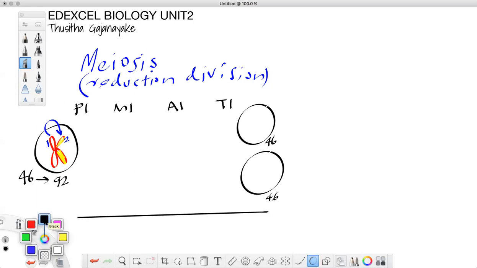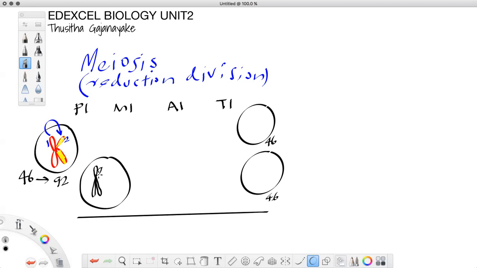But we have to understand another important thing. If we take a cell, it has one set of chromosomes, and then the next one is the homologous chromosomes.